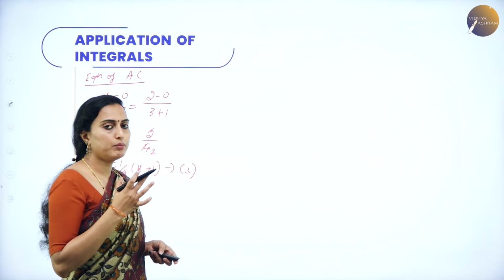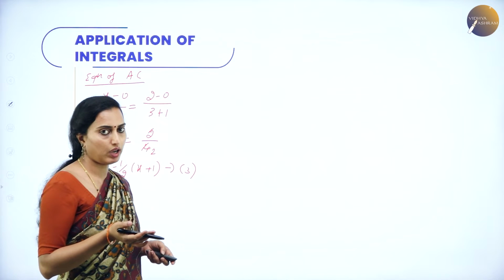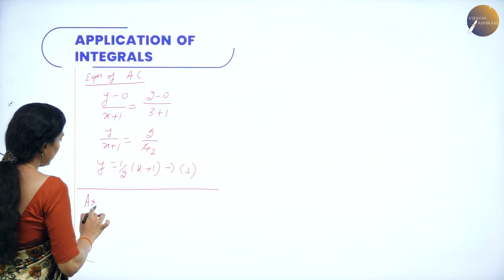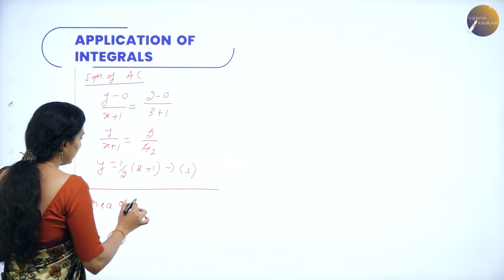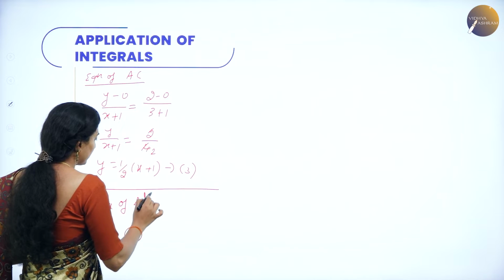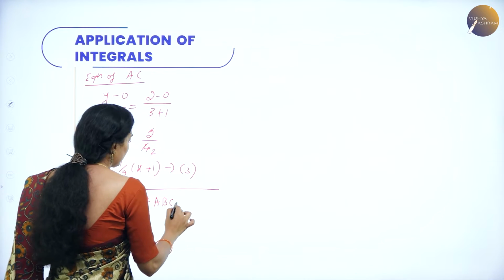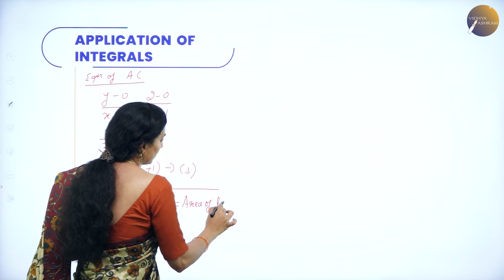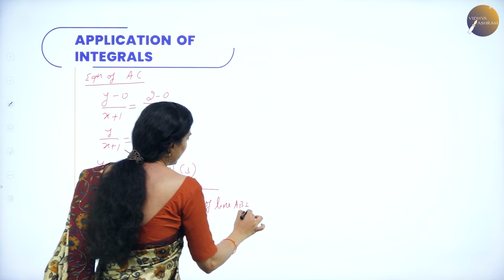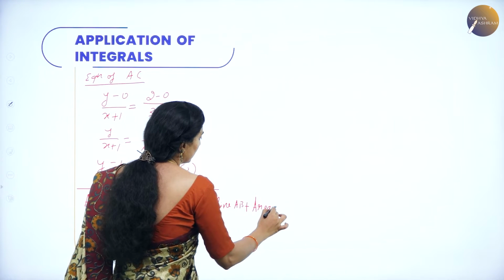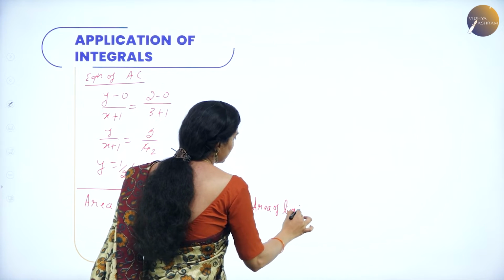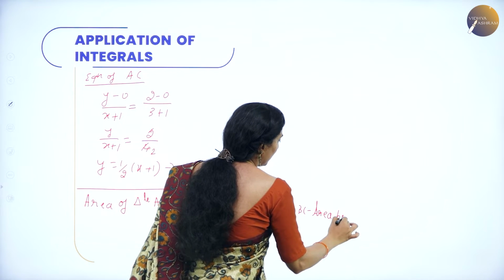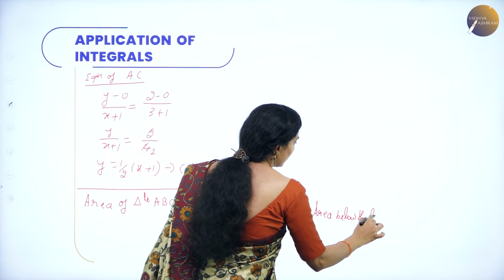Now what is that? AB plus BC minus AC, you have to do it. So therefore, the area of triangle ABC is the area under line AB plus the area under line BC minus the area under the line below, what is that?